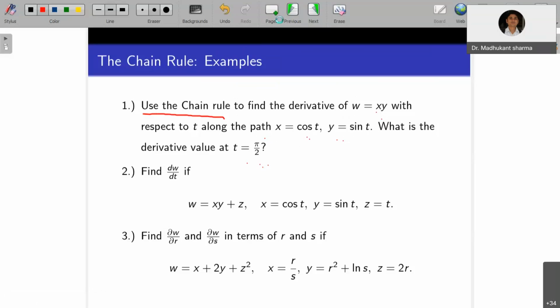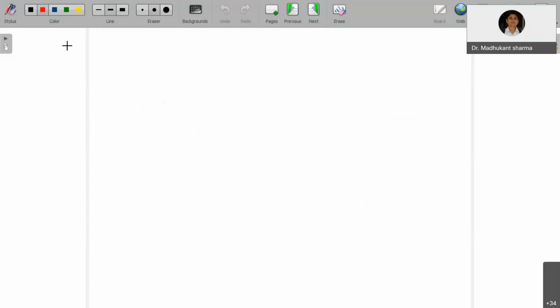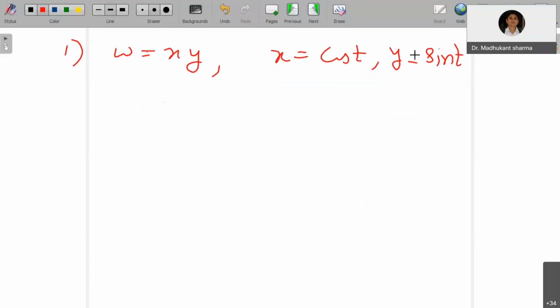So if I talk about this first problem, I have been given W equals X into Y, along with X is cos T, Y is sin T, and you are talking about T equals pi by 2. You have to find dW by dt at T equals pi by 2.